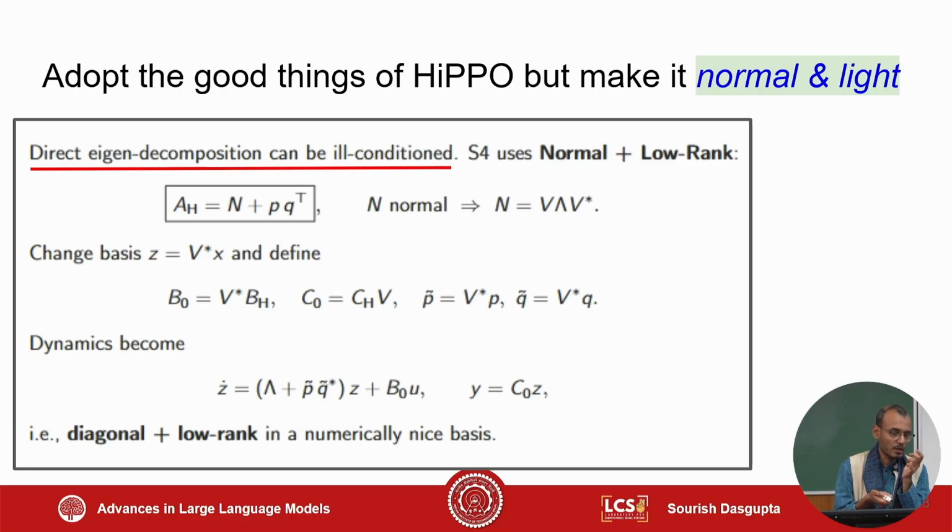So instead of going for a plain simple eigen decomposition, which can be ill conditioned, as I said, with no guarantee of the lambda staying within the stability zone, if you do this, a normal plus the low rank, you just work with the diagonal plus the low rank in the Z form when you change the basis.